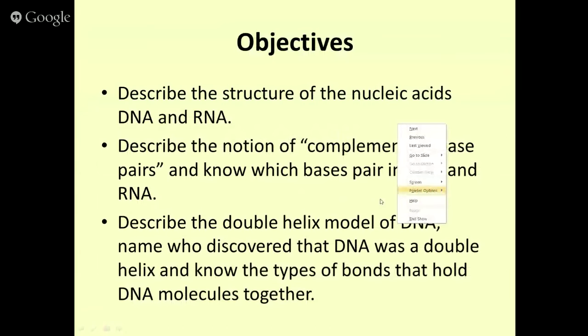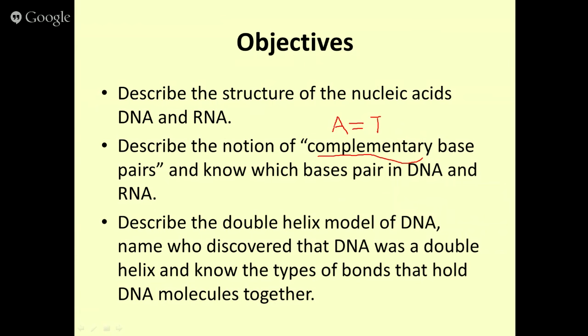So let's take a look at our objectives here. We're going to describe the structure of the two nucleic acids, DNA and RNA. We're going to describe the notion of complementary base pairing. So complementary base pairing is, remember, A will always stick to T, right?